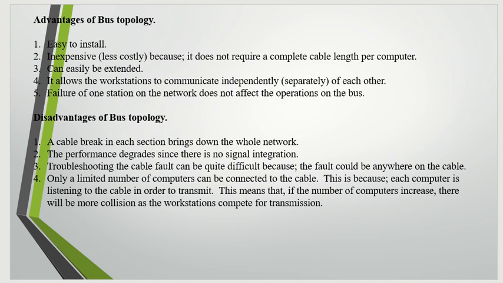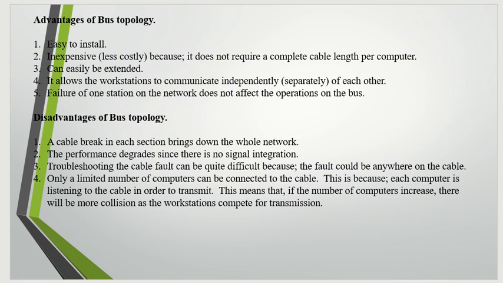You just attach the nodes to the central cable. It allows workstations to communicate independently and separately of each other. Failure of one workstation does not necessarily affect the entire network.